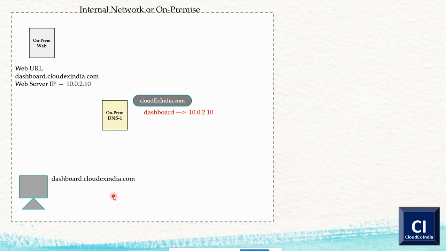Dynamic DNS means whenever a client joins the domain, say you have a domain environment like cd.cloudxindia.com with Active Directory services and you have enabled dynamic update, then whenever you join any system into the domain, your DNS automatically updates the record of that client.